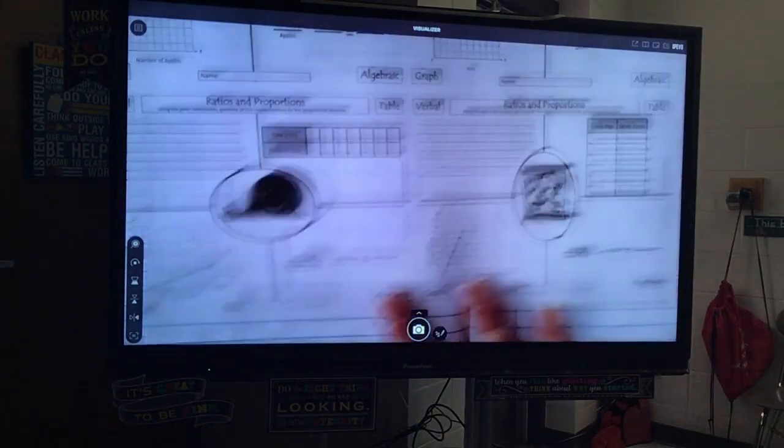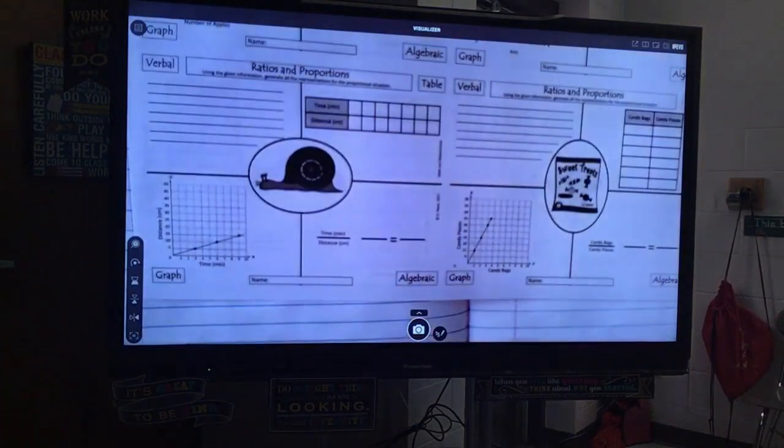What do you notice about these two that is different from the other ones that we've looked at so far? Cora? There is no, not necessarily true. Look a little closer. Well, it doesn't give you like a starting point of what the time is.